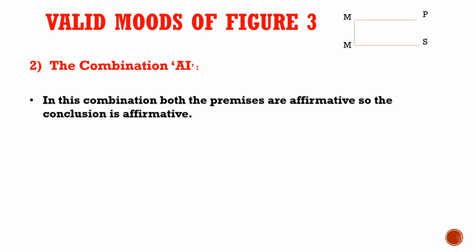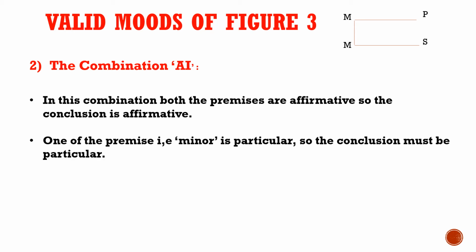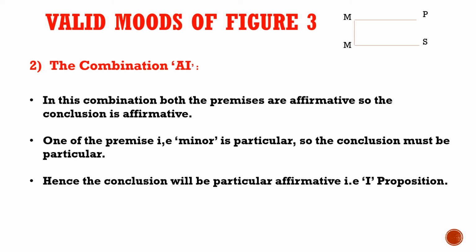And since the minor premise is particular, the conclusion will be particular. Hence, the conclusion will be a particular affirmative proposition, that is, I proposition. This mood is AII and it is called Datisi.